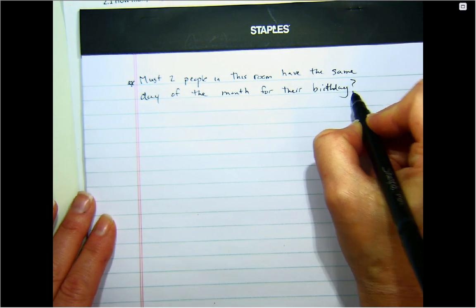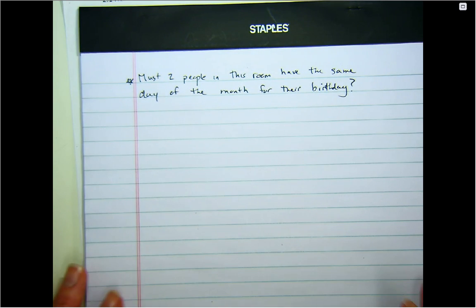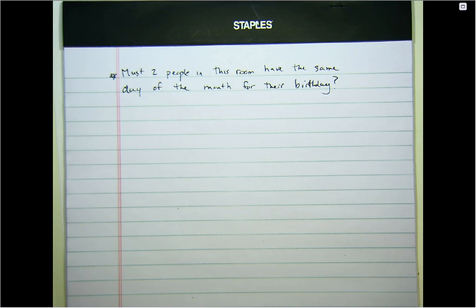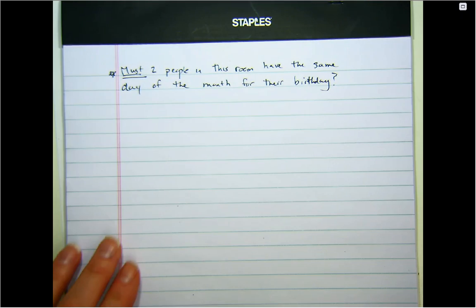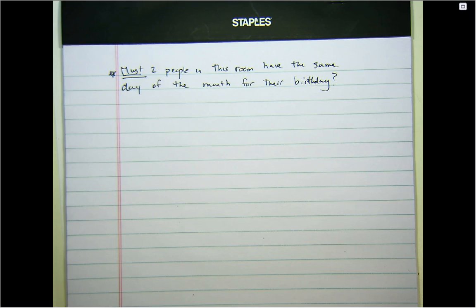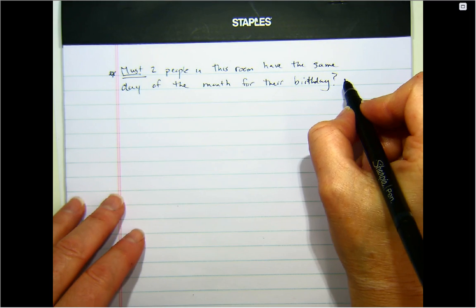Like my birthday's on the 27th. Does that mean there has to be someone else in here with the 27th? Now there could be, but does there have to be? Well, it depends how many people are in here. It looks like we have a full classroom. Let me count. It's going to be close. 1, 2, 3, 4, 5, 6, 7, 8, 9, 10, 11, 12, 13. There are 31 people here.